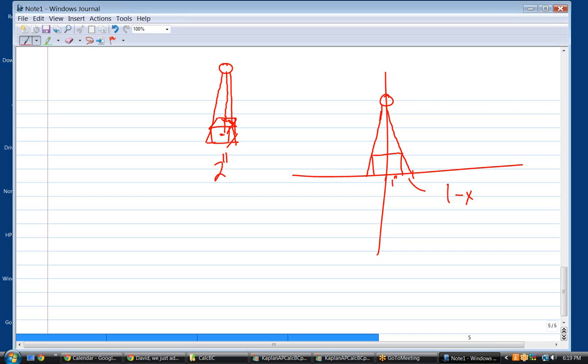Okay. This is 13 inches to the bottom of the cube.